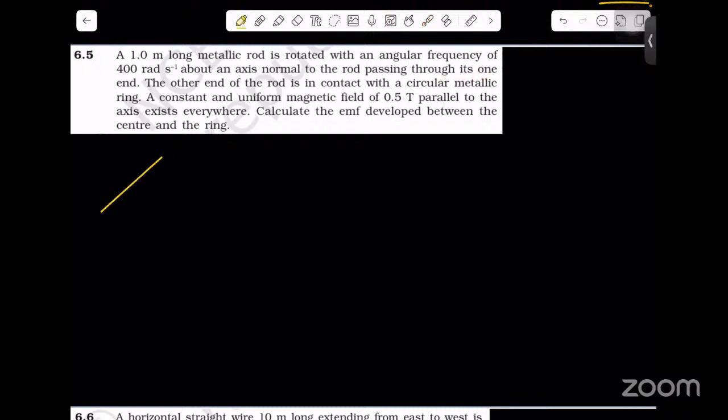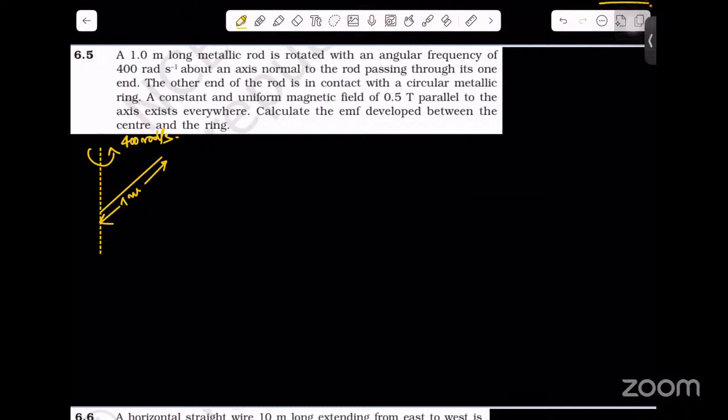So I have a rod and it's rotated about an axis passing through one end of the rod at an angular frequency of 400 radians per second. Okay, and this is a 1 meter length rod.